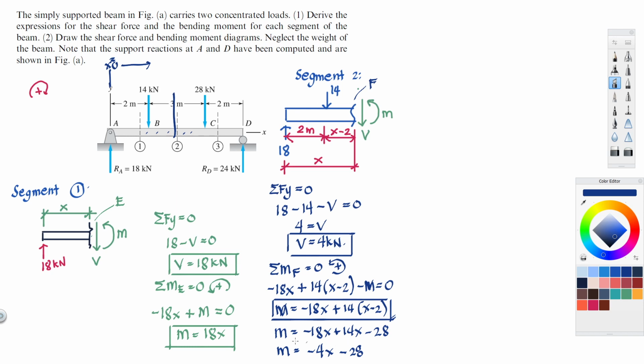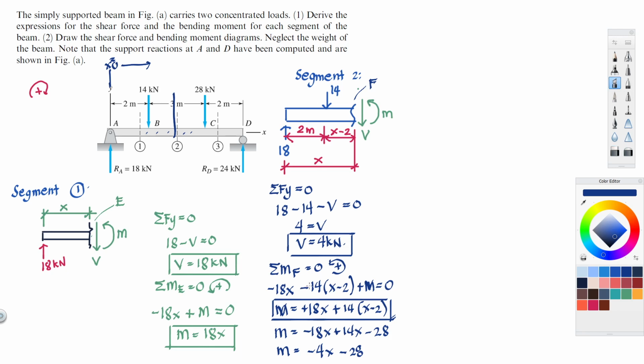Okay? So, that would be for the segment 2. Okay? And lastly, for the segment 3. Okay, sorry, this is plus pala, no? So, plus kasi clockwise siya. So, everything mababago. This one would become positive.